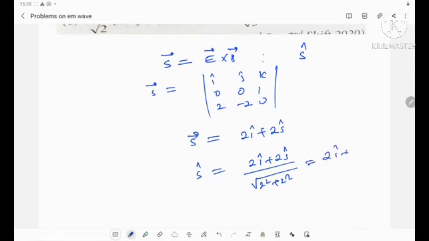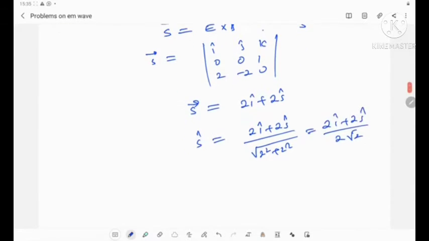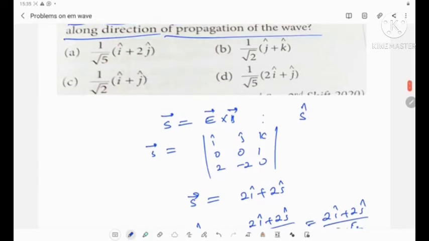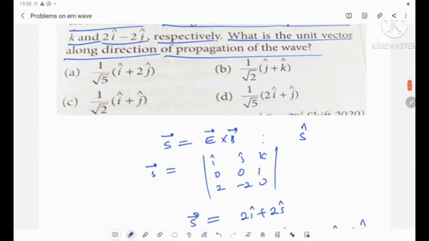Therefore 2i cap plus 2j cap by root 8, this becomes 2 root 2. Therefore S cap is equal to, here 2 is common and cancelled, therefore i cap plus j cap by root 2. This is the unit vector in the direction of propagation of the wave, i cap plus j cap by root 2. Therefore answer C is the correct answer.